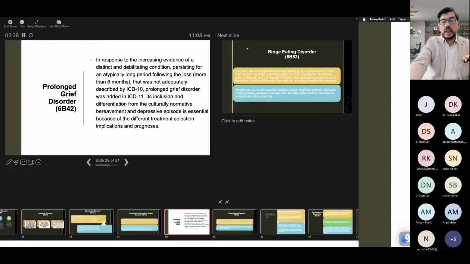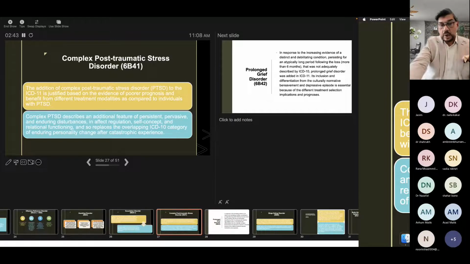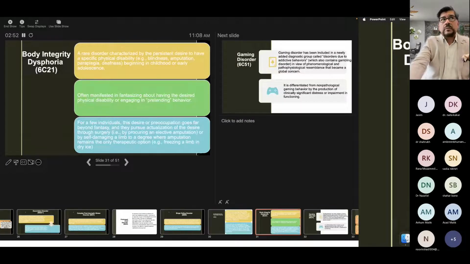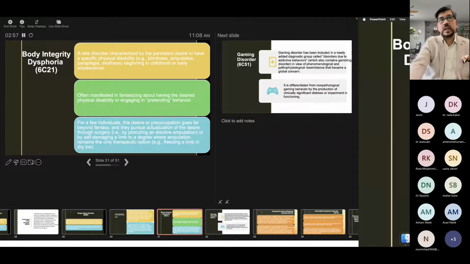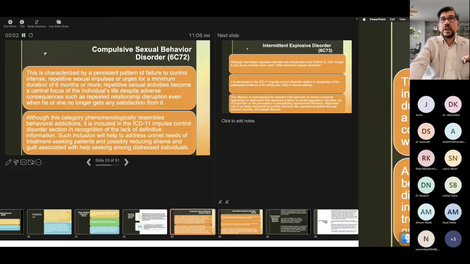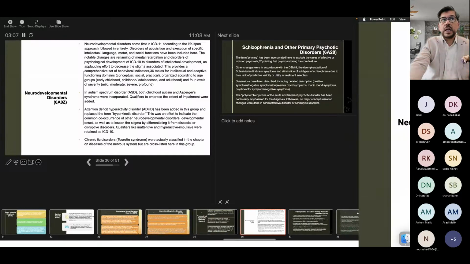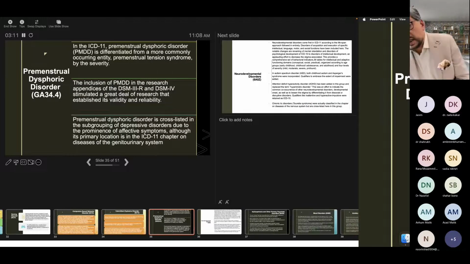It's a broader category now, and OCRDs include certain other disorders, which we talked about last time. We also talked about body integrity dysphoria, gaming disorders, compulsive sexual behaviors, intermittent explosive disorders, and today I will be starting with premenstrual dysphoric disorder.